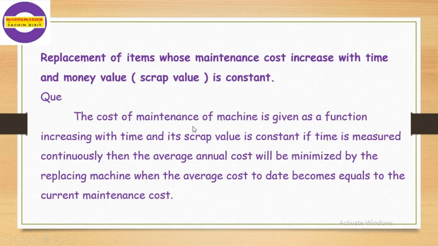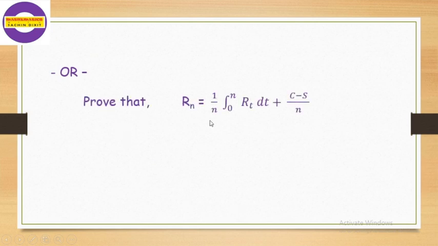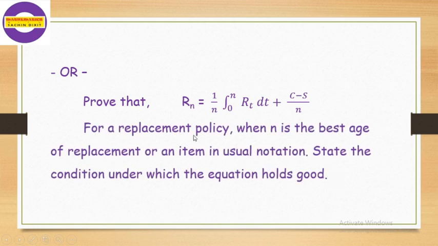This question can also be stated mathematically: prove that Rn is equal to 1 by n integral from 0 to n of rt dt plus c minus s divided by n, for a replacement policy, when n is the best age of replacement, in usual notations.